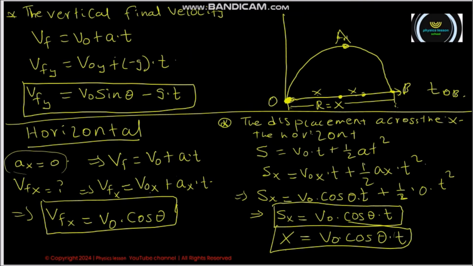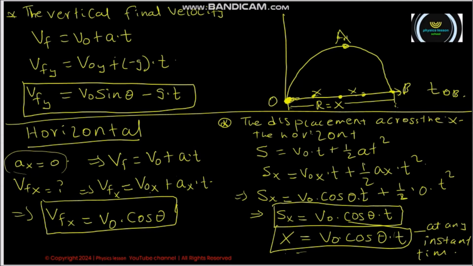I will repeat again. From this point to this point, we can find the value of the displacement x by using x, the horizontal displacement, equal to v naught times cos theta times t, at any instant of time.